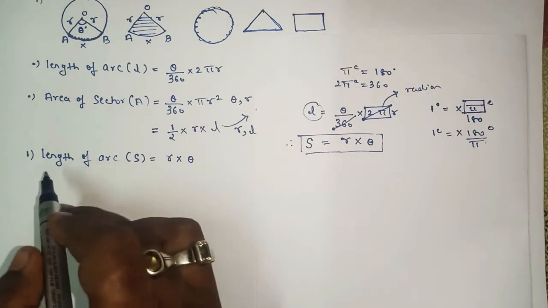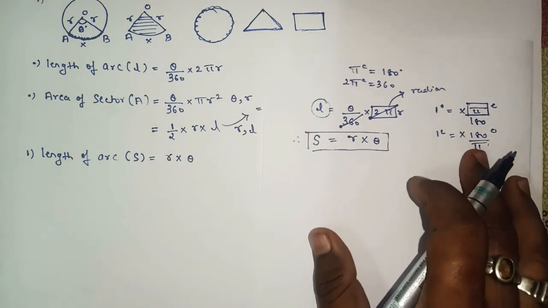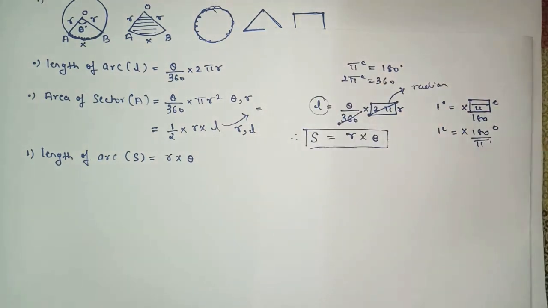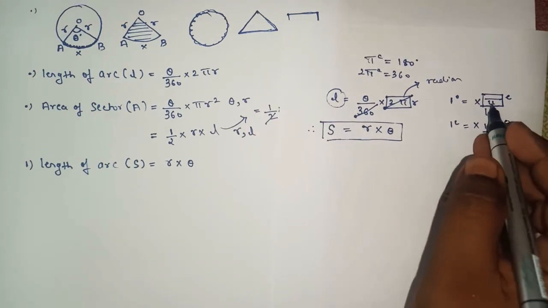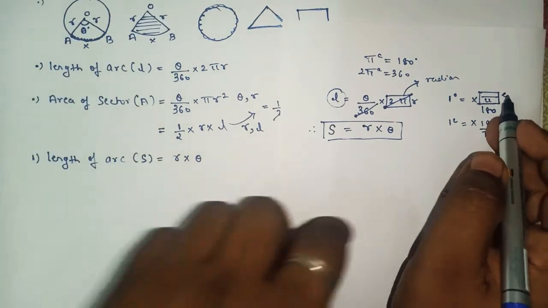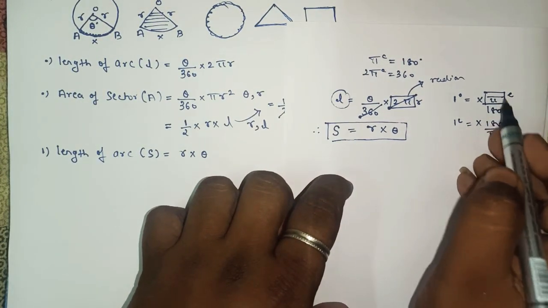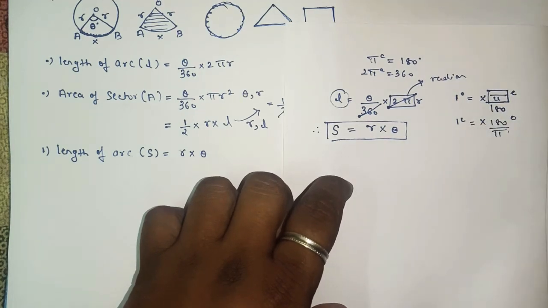So the length of the arc s is equal to r into theta. I hope you all understood what I did here. Basically, whenever pi is there in the numerator, as per our point of view it is in radian. Yes or no? That is what we used to think.